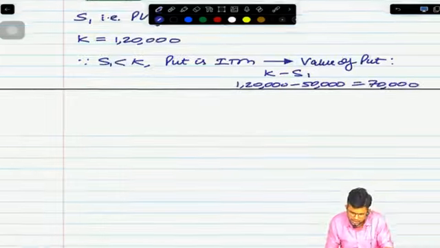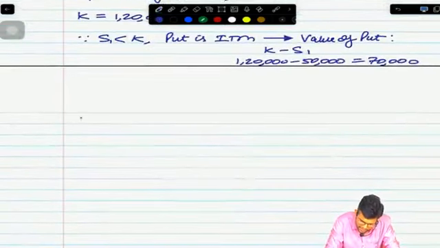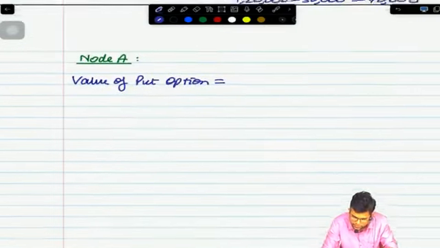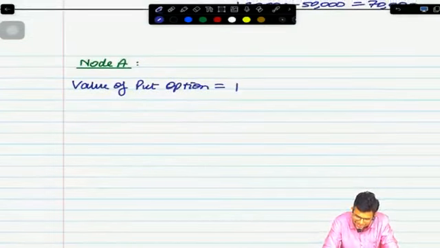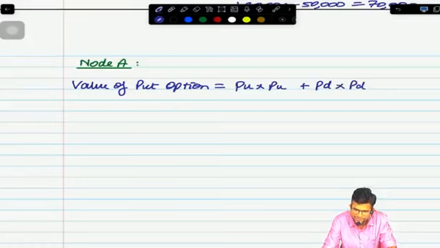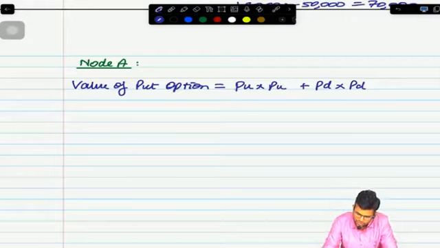Everybody clear? And do you therefore realize that at node A, the value of put option will be PU into Pu plus PD into Pd, the whole divided by 1 plus R raised to N. We used to write CU into PU; now instead of C, there is put, upper put.